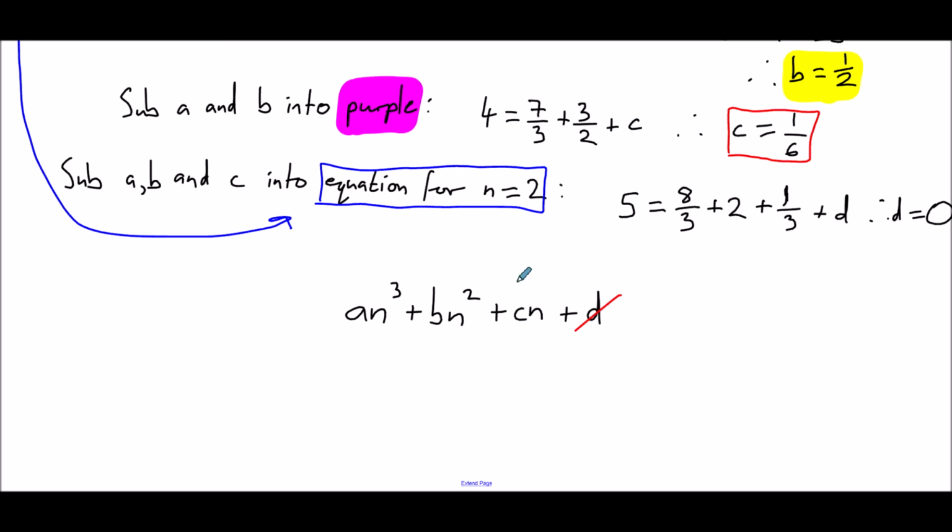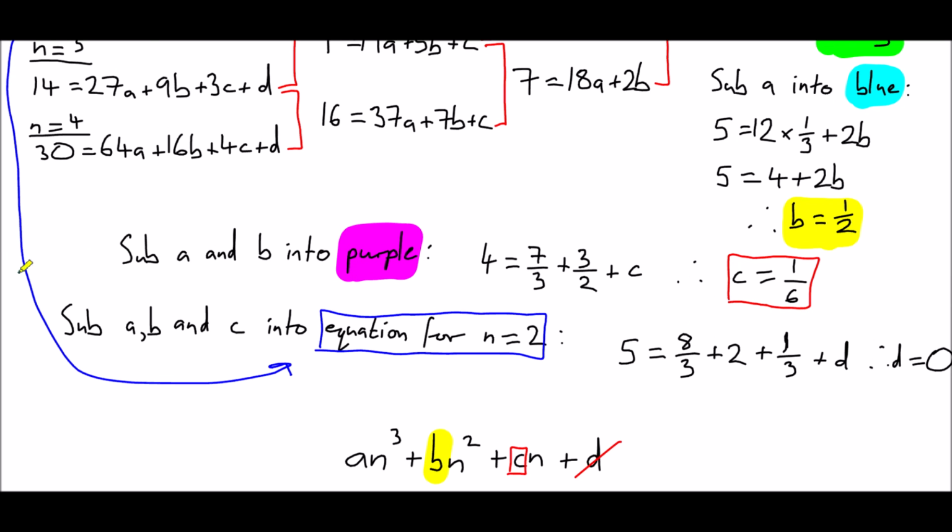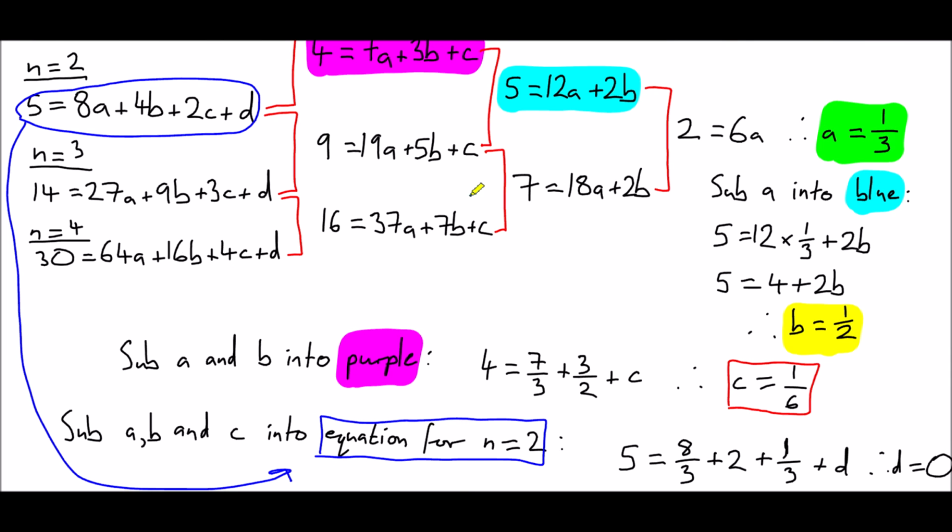We had c as 1/6. We had b is a half. And we had, from earlier, that a was 1/3.